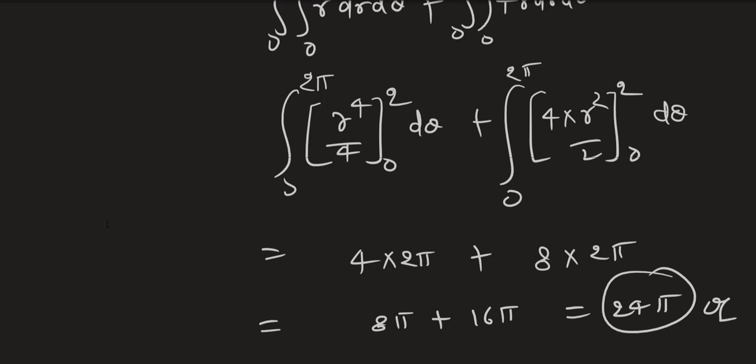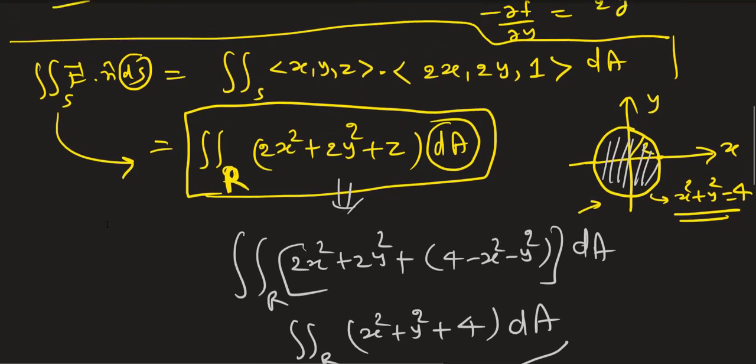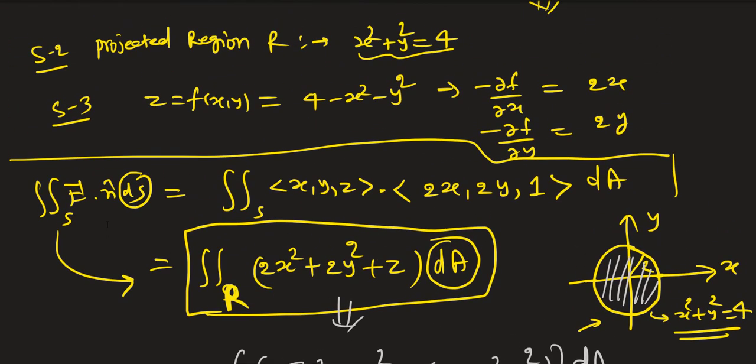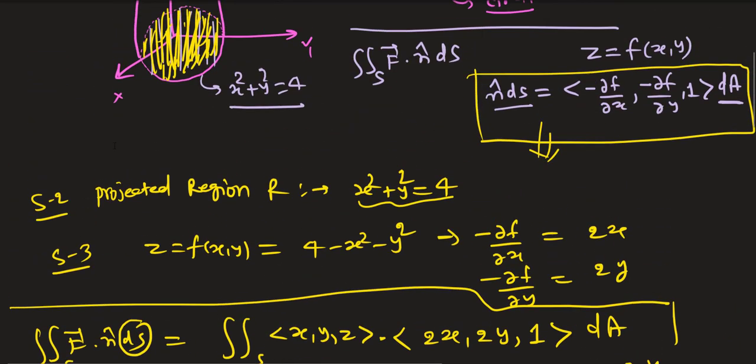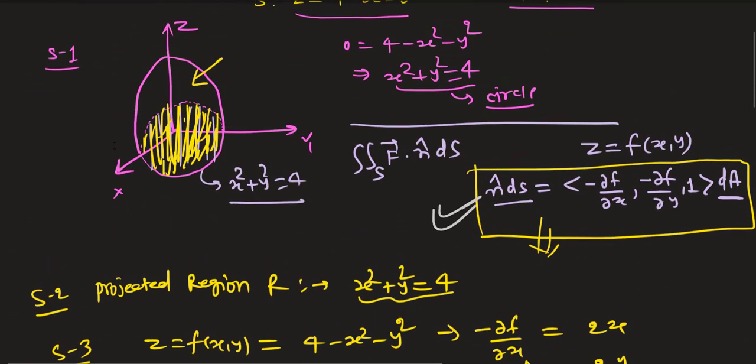Okay, so the trick is you convert the surface integral into the double integral by converting this dS into the term of dA by using this expression. And this expression is valid only if you are given the surface in the form of z is equal to f of xy.